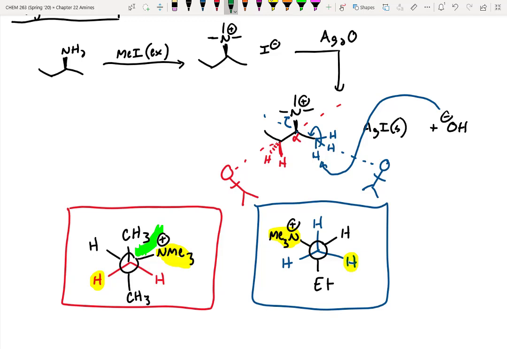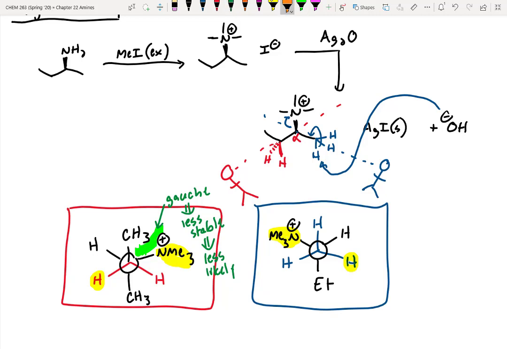If you remember, this is called a gauche interaction, which means that this is less stable, and it also means that this is just less likely. So even though we're dealing with a small base, it's less likely that we're going to go after either one of those red protons, because regardless of which one we go after, we're going to have this destabilizing gauche interaction taking place.